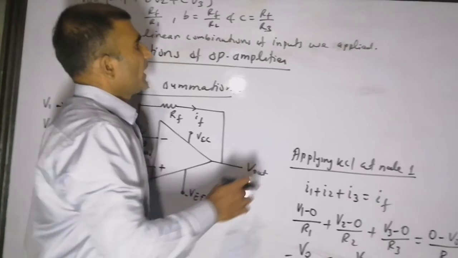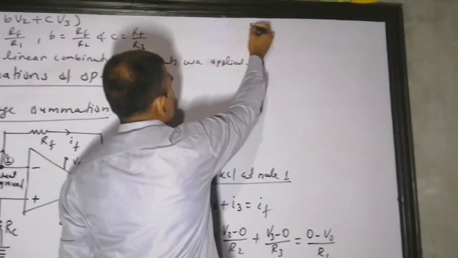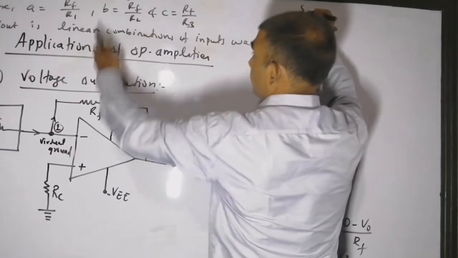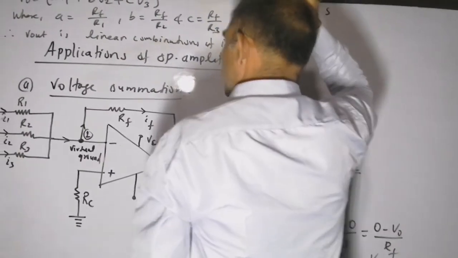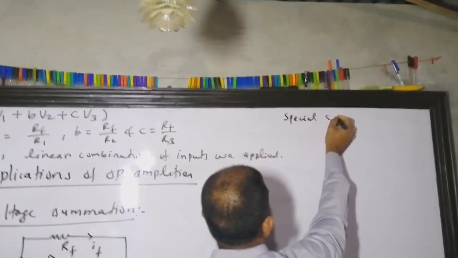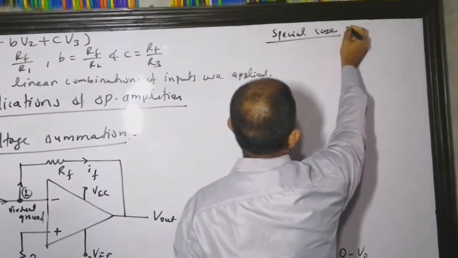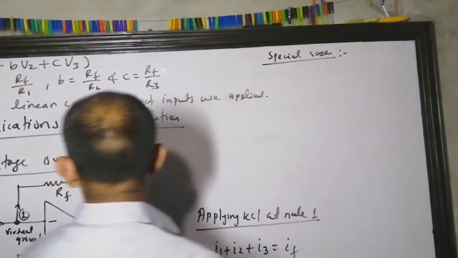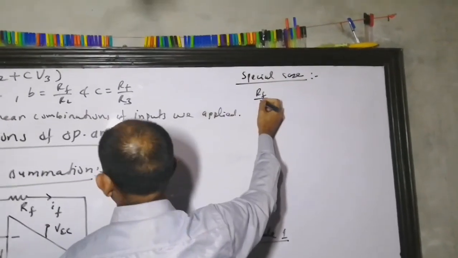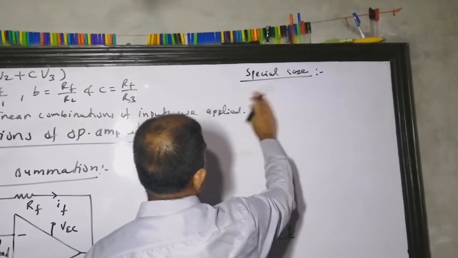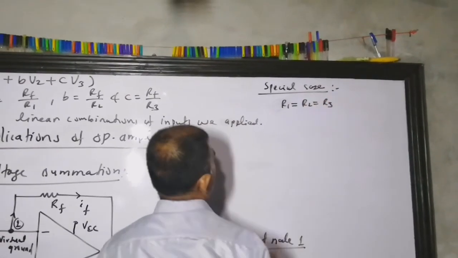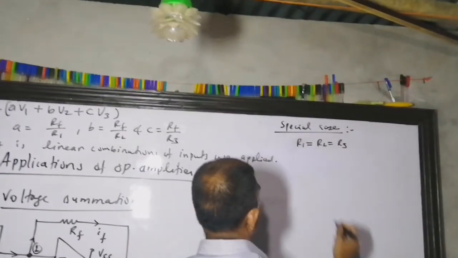And so here actually we have to use special cases. This is the general case, where the output is a multiple of each of the inputs. Okay, and for a special case, we choose the values of the constants in such a way that RF by R1 equals RF by R2 equals RF by R3, that is, R1 equals R2 equals R3.